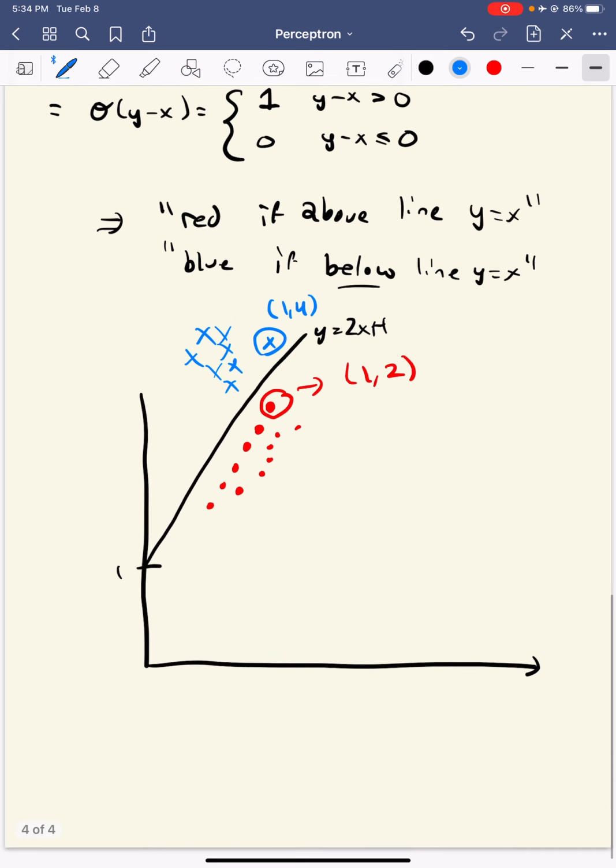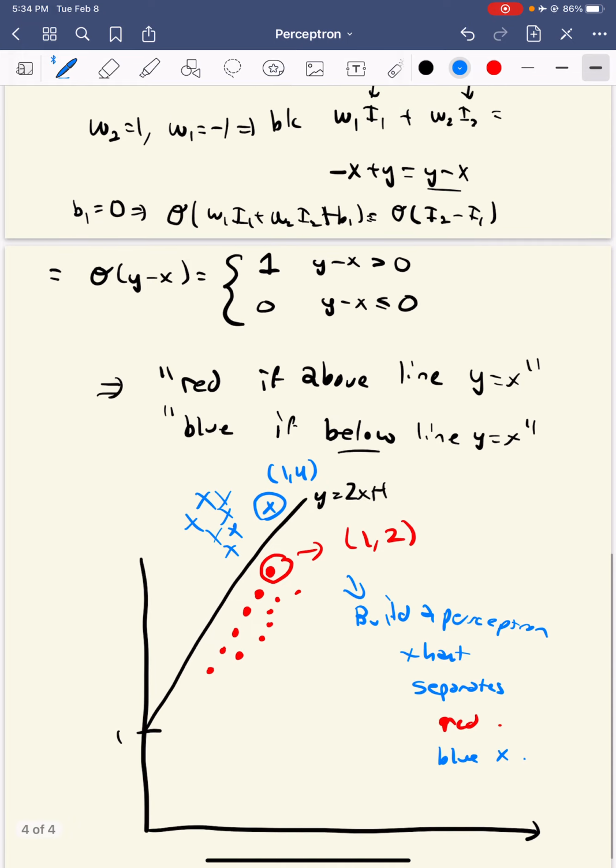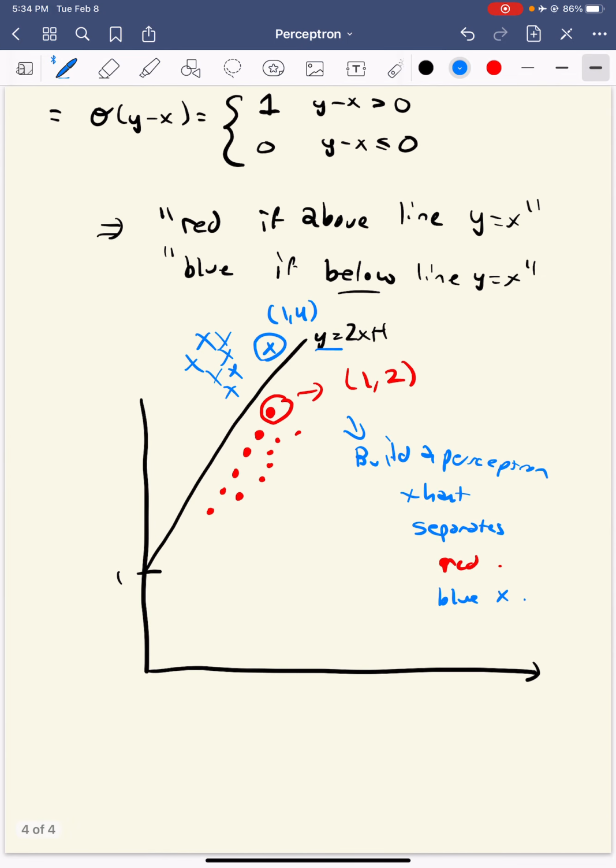Your goal is to build a perceptron that separates the red dots and blue X's. So it's a similar process here, but this is good practice with a different line.